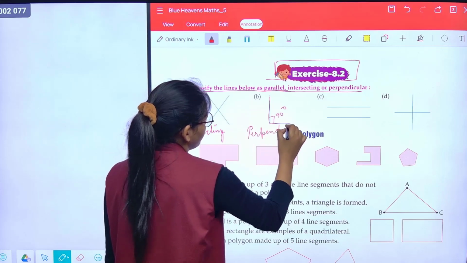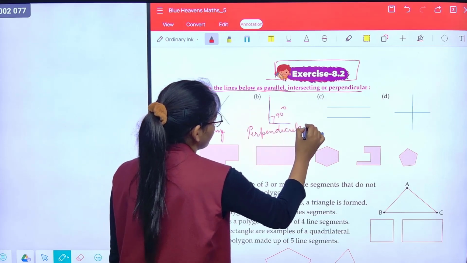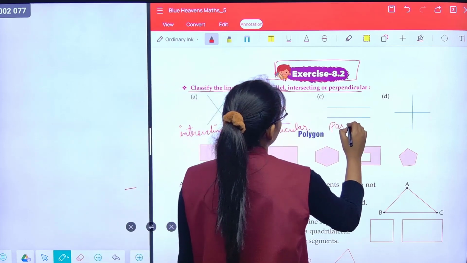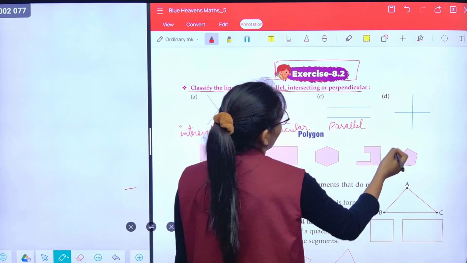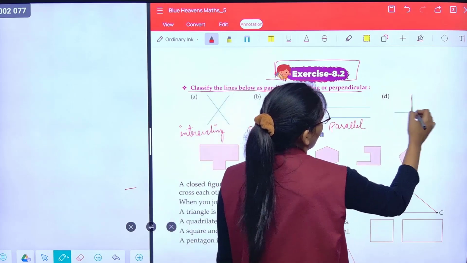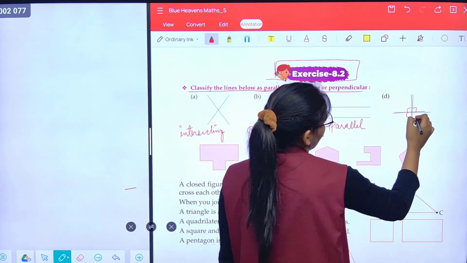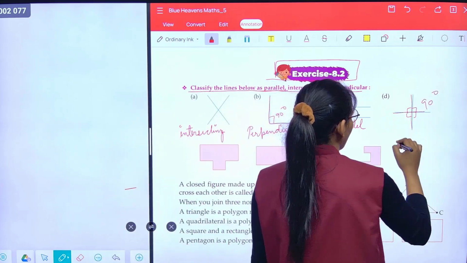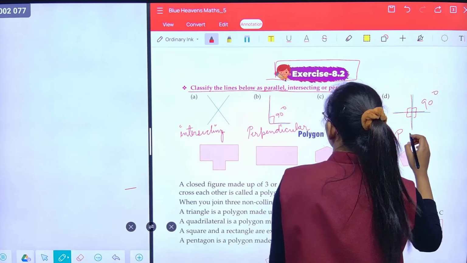Perpendicular. Now class, it is a parallel line. Again perpendicular, 90 degrees. See the angles here. It is again perpendicular.